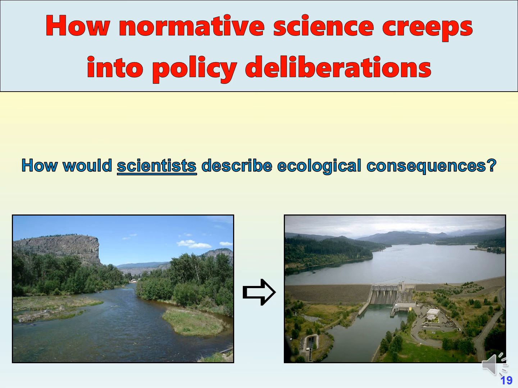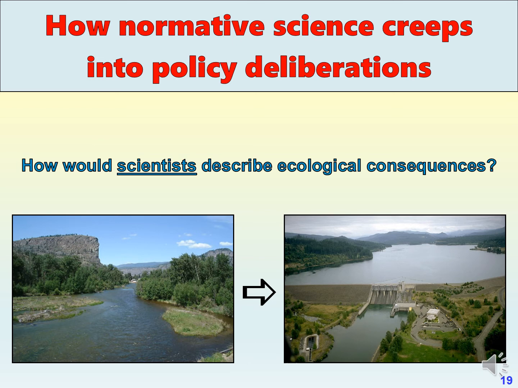So let's imagine there's a proposal on the table to put a dam on the river on the left to create the reservoir on the right. Now the idea would be in August you'll have this water stored and you could release it for irrigation and domestic use and so forth. And of course the other obvious concern is that the river on the left, the salmon run, will be altered, maybe even eliminated.